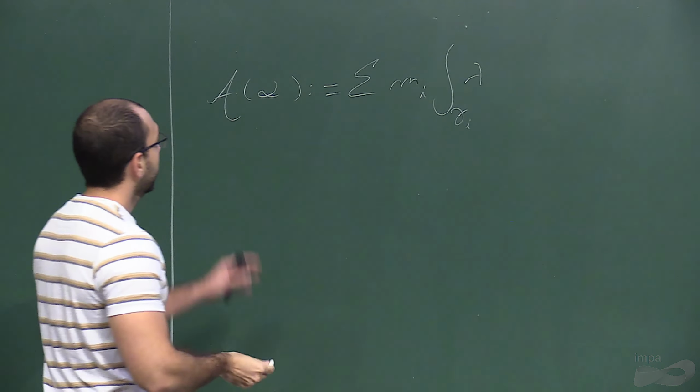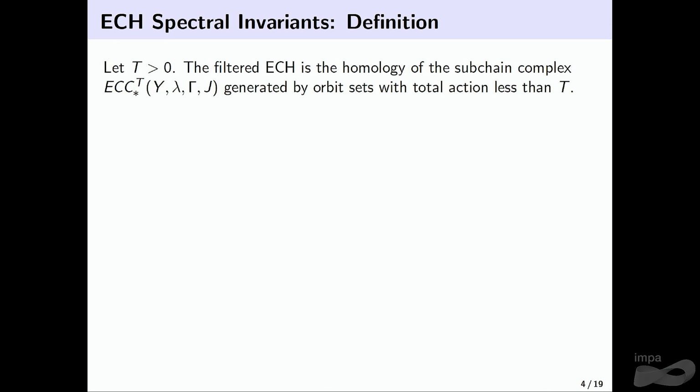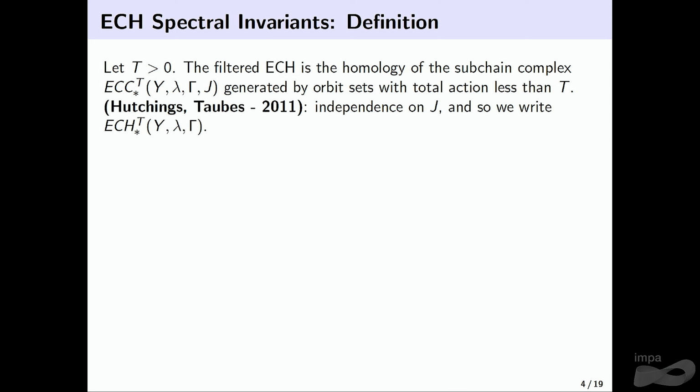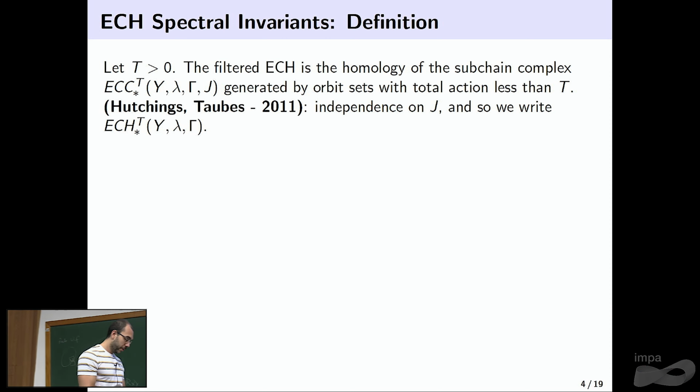So we fix an action bound, a real number t, and consider all the orbit sets that have action less than t. This is a subchain complex because the differential decreases the action. And then you can look at the homology. We denote this by ECH^t. And Hutchings proved that it does not depend on the complex structure, but of course it depends on the contact form.